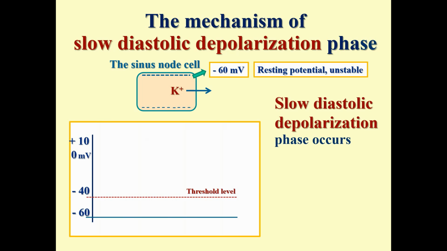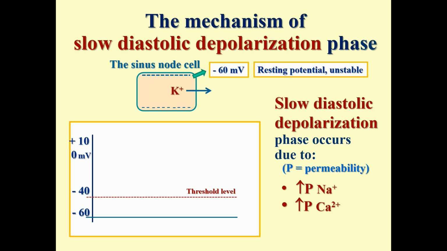This phase occurs due to changes of permeability for all 3 ions that participate in this process. The letter P stands here for permeability. And permeability actually reflects the number of open channels available for an ion. So if permeability increases, it means that more and more channels become open for this ion. With decreased permeability, fewer and fewer channels remain open.